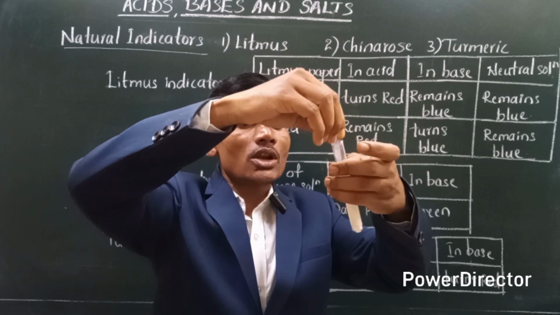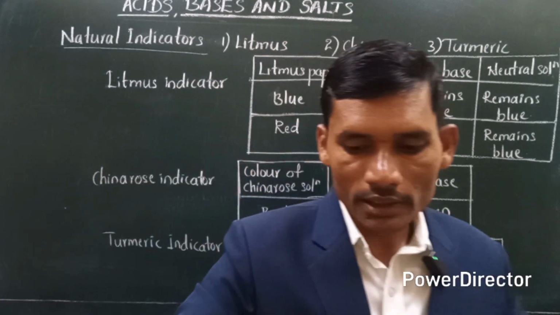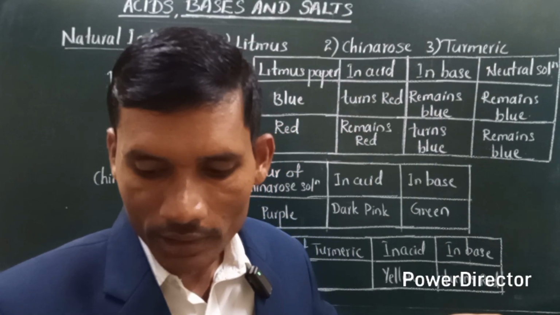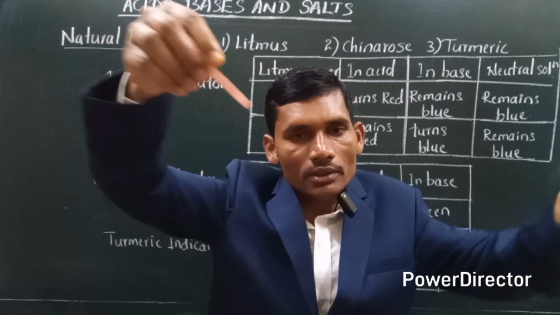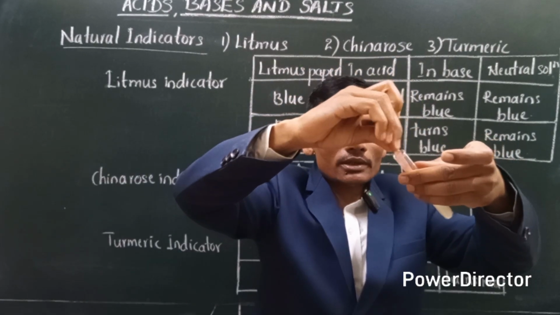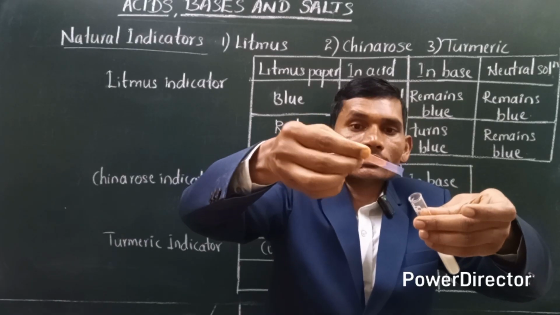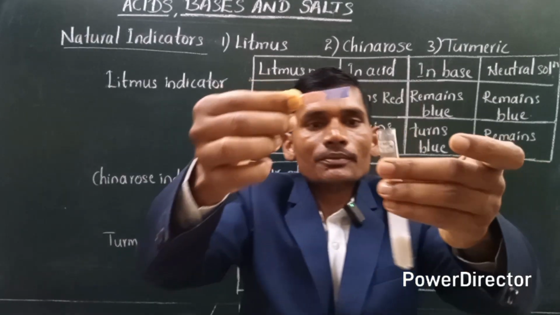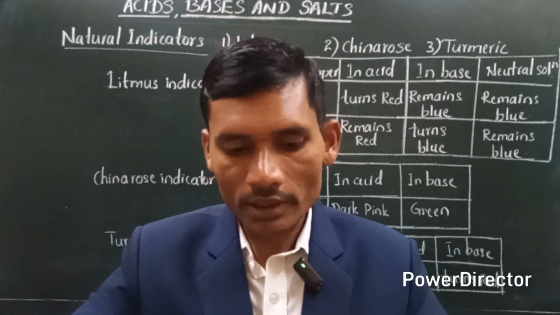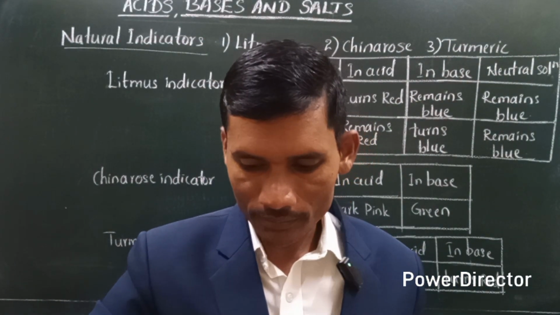Blue litmus is not changing color in calcium hydroxide, which means it is not an acid. If it changes red litmus, then it will be a base. Now let us check with red litmus. Yes, red litmus is changing to blue color. You can see, right? Since it is changing red litmus to blue color, we can say that this is a base. Calcium hydroxide is a base.